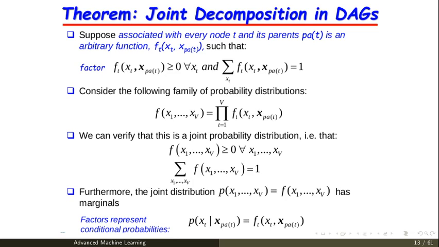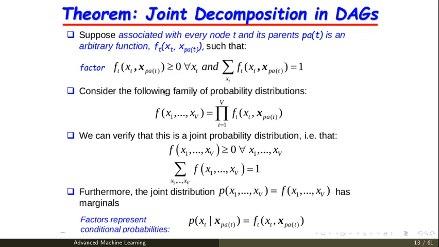This is a local potential associated with a node that only involves x_t and its parents, and we assume f_t is greater than or equal to 0, and when we sum over x_t, that is equal to 1. By looking at this assumption, you may guess that this function is a probability.